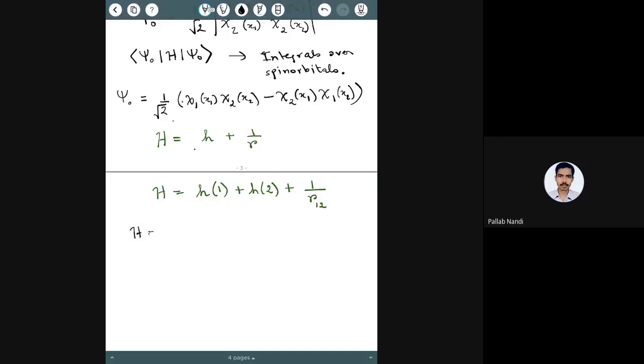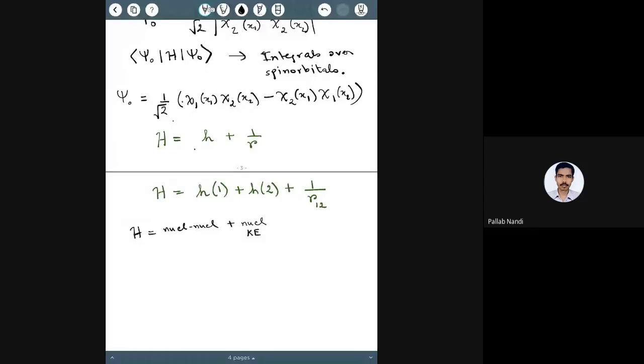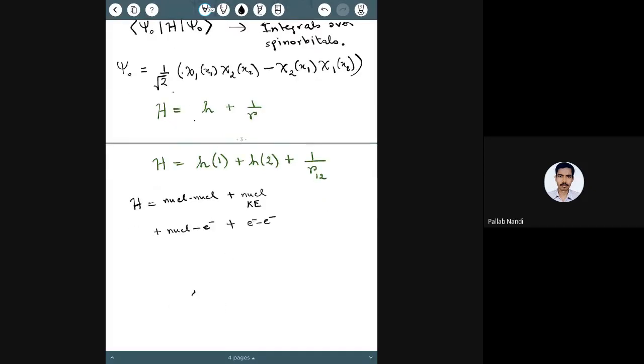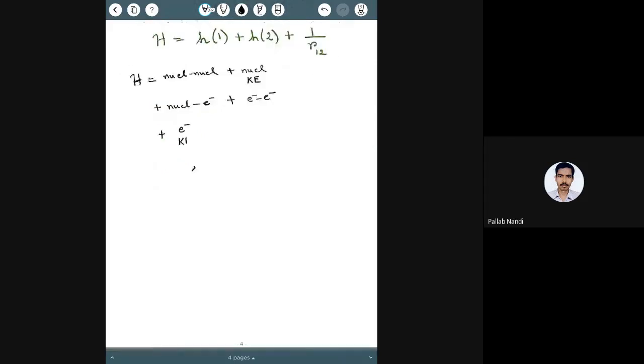So the full Hamiltonian, I'm talking about the full molecular Hamiltonian, not the electronic part, has a nucleus repulsion, a nuclear kinetic energy, a nucleus-electron attraction, an electron-electron repulsion, and an electron kinetic energy.